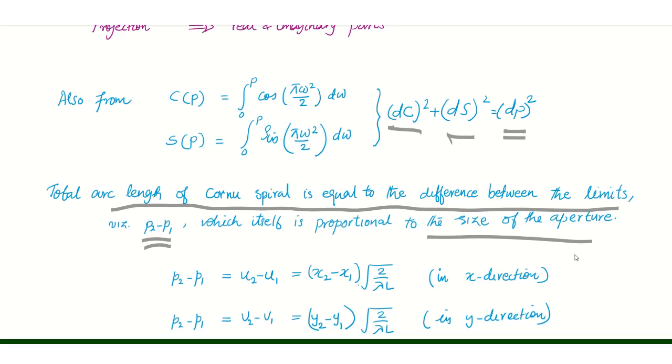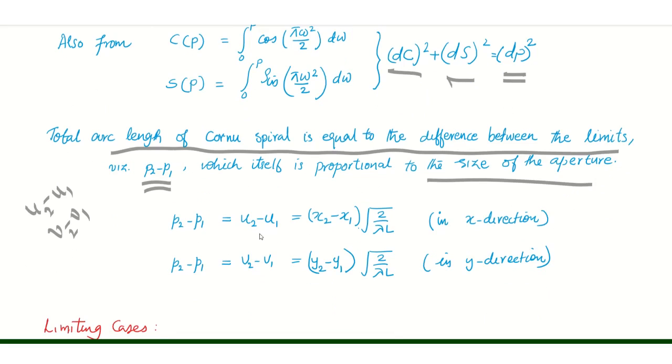It is either u2 minus u1 or v2 minus v1, which means the arc length is equal to the difference between the limits. In the x direction, it is u2 minus u1, that is x2 minus x1 times square root of 2 over lambda L, and also for the y direction, v2 minus v1 is y2 minus y1 times square root of 2 over lambda L.